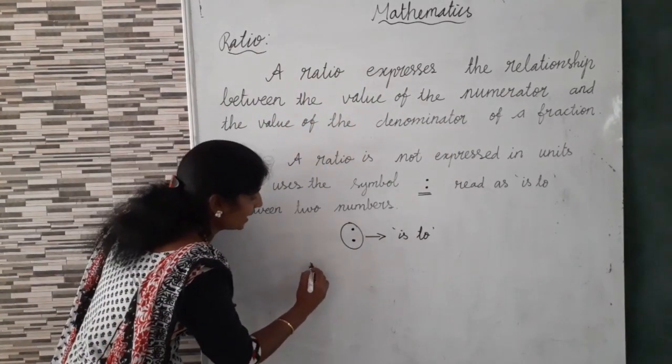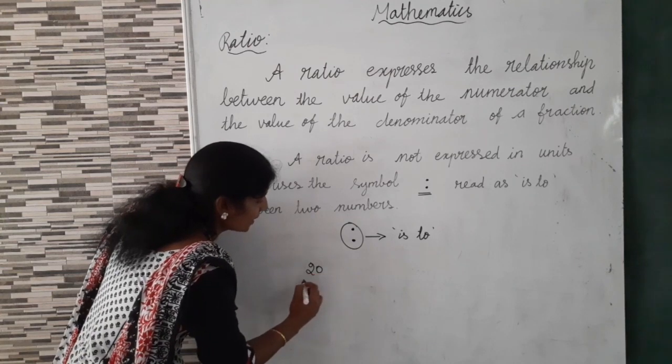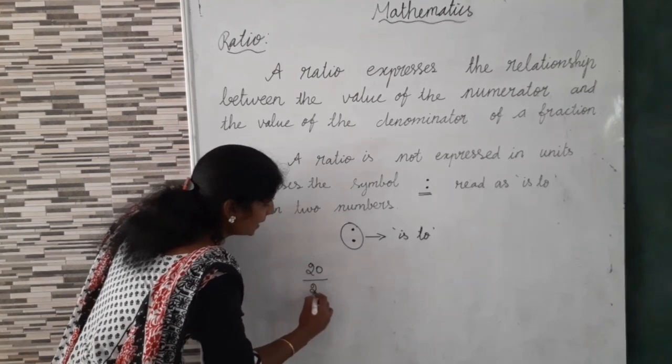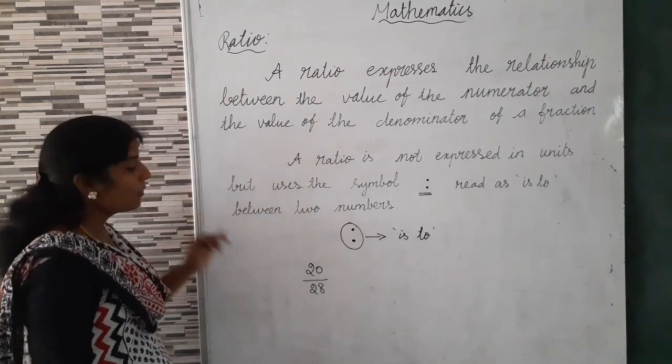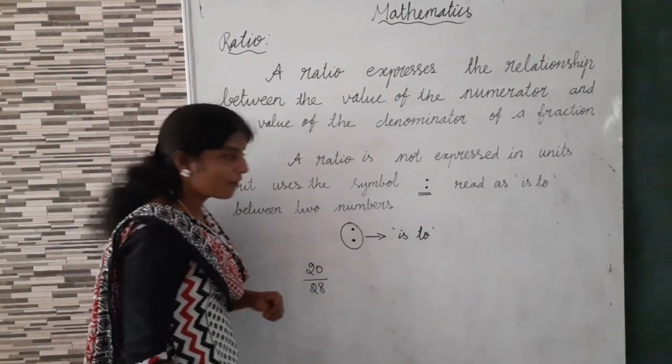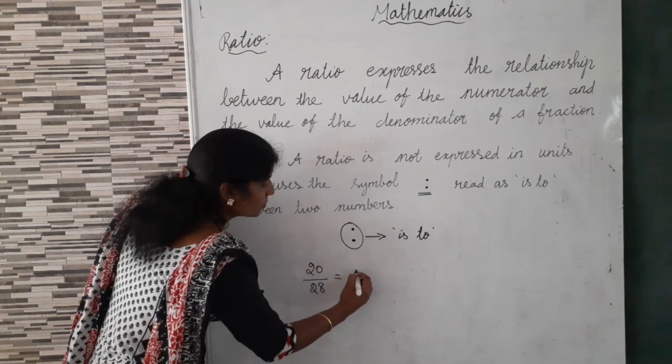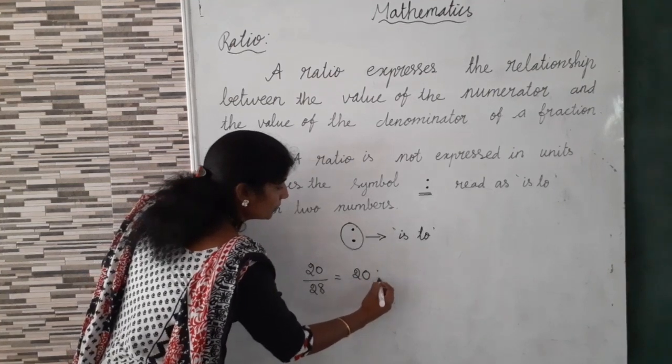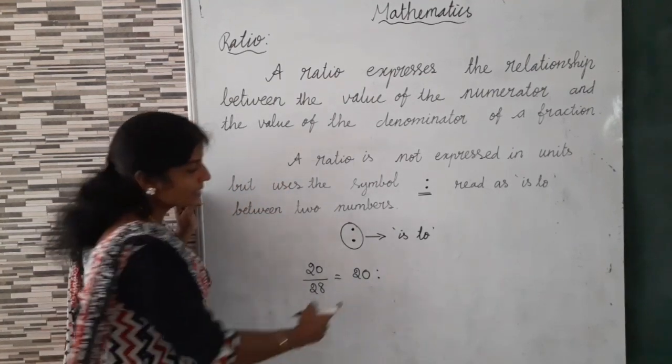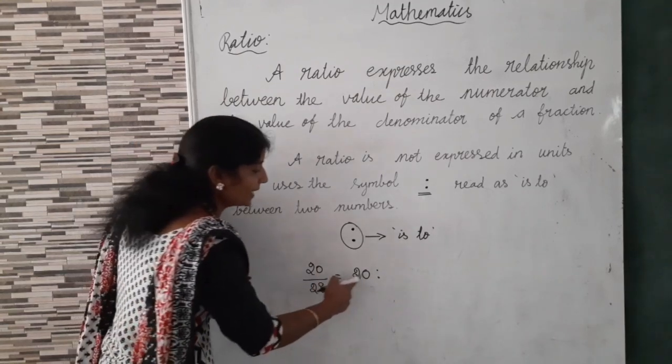For example, we can write 20 divided by 28. How can you write it in ratio form? Equal to 20 is to 28. This is the symbol of ratio.